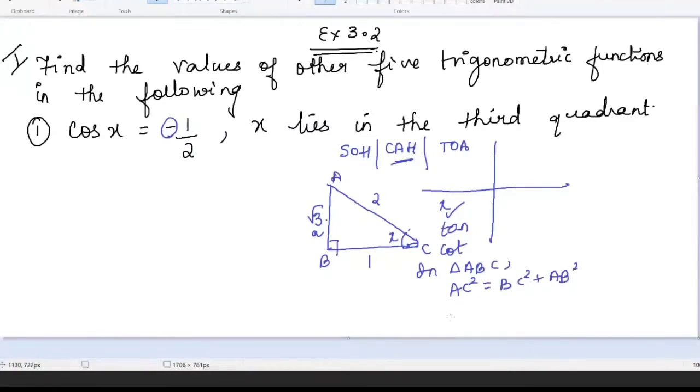So AC square is 4, BC square is 1, plus A square. So 4 minus 1, A square is equal to 3, but I don't want A square, I want the A value. So A is equal to root 3. This is the method to find the 3 sides of a triangle from the Pythagoras theorem. We can find the trigonometric ratios only from a right angled triangle, not other triangles, please.